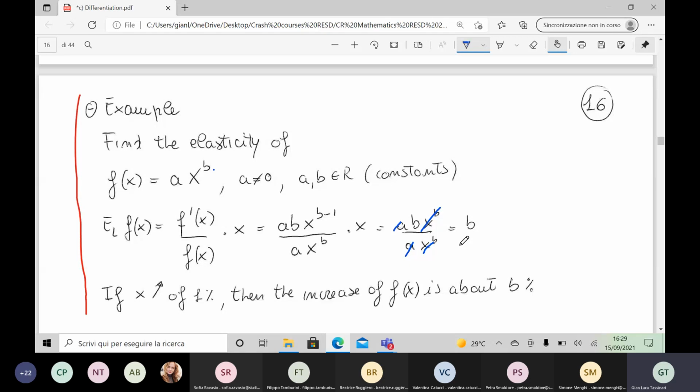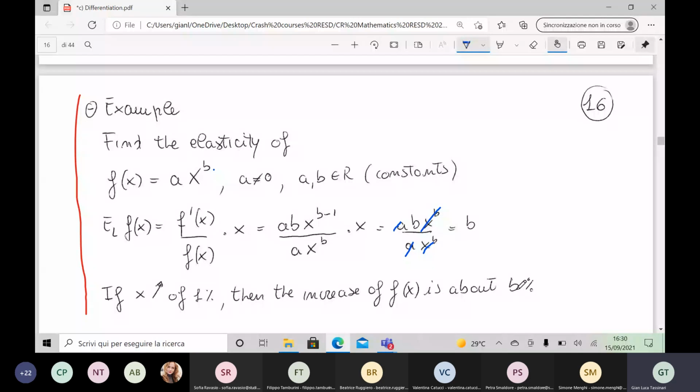So it does not depend on the initial value x0, because in general it depends on x, on the value x0. But here, since we made the computation, we get a constant. So this means that if x increases by 1%, this is the interpretation for elasticity, then the increase of f of x is b%. Guys, b%, please.